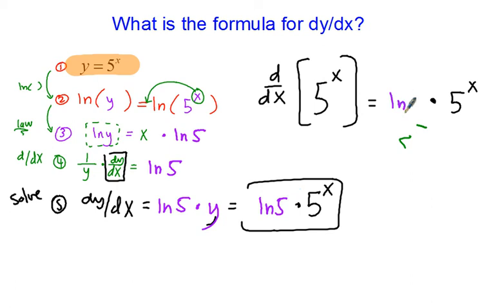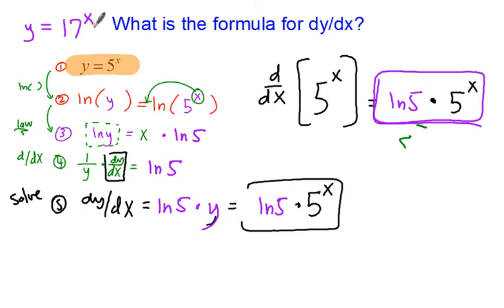Okay, so there's the technically correct version of the derivative rule. It's the logarithm of 5 times 5 to the x. In the same way, if you wanted to do the derivative of 17 to the x, you can use the same technique as what was presented here.